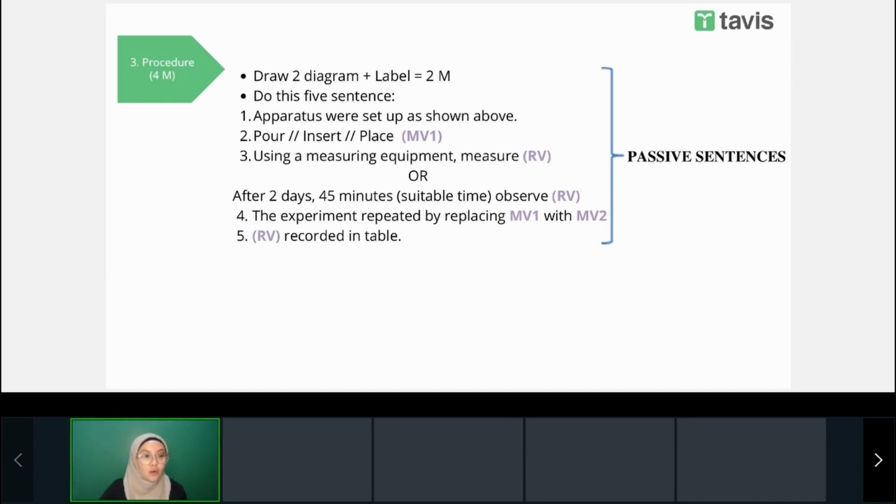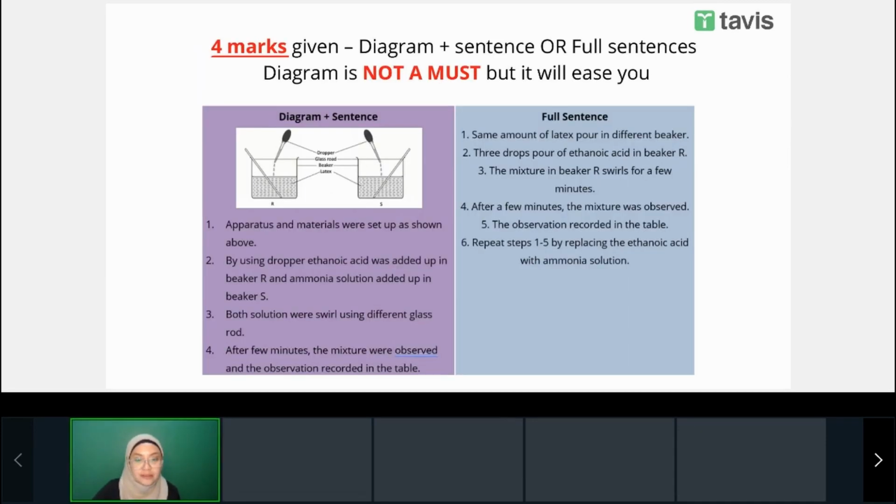Okay, now how to write your procedure? You can provide a diagram, you draw a diagram with a procedure. If you draw a diagram, you just simply write the apparatus and material setup as shown above. You don't have to write: firstly, put a small amount of latex inside the beaker.